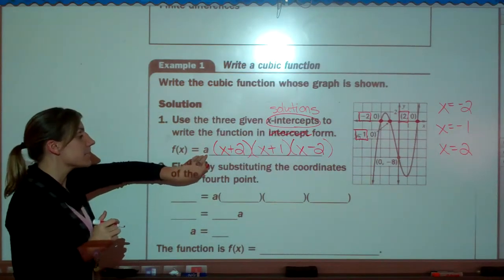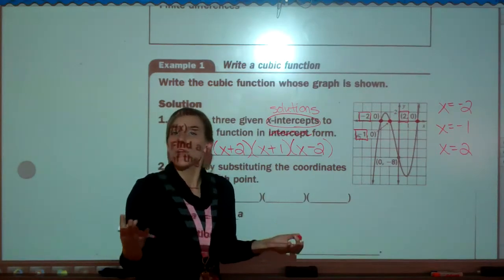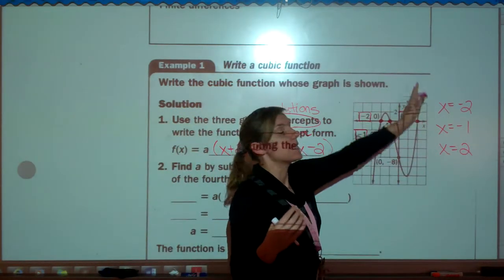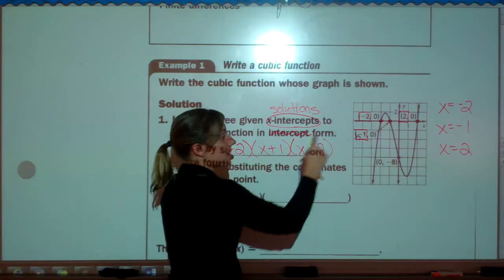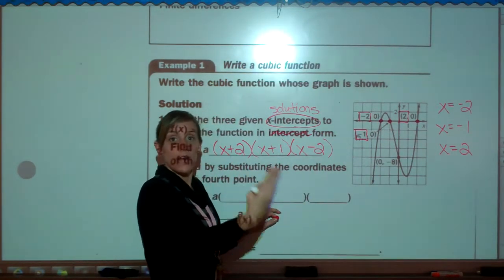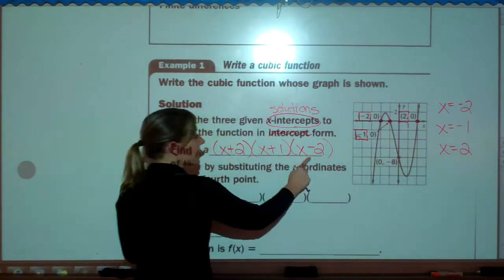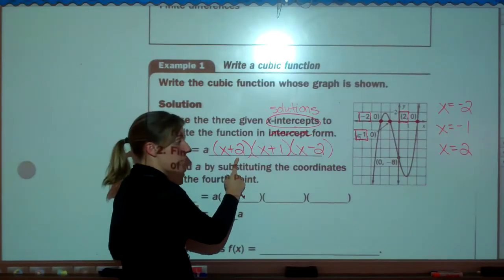Okay? Now yes, this does have an A out there. That A stands for how steep it gets. And we don't know that. We're not going to worry about how steep this gets. What we care about is that the intercepts are the same thing as solutions, so you know what x equals, and that these solutions are the opposite of our factors, okay?